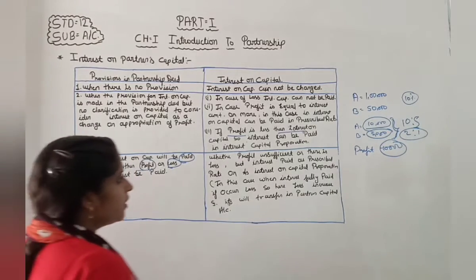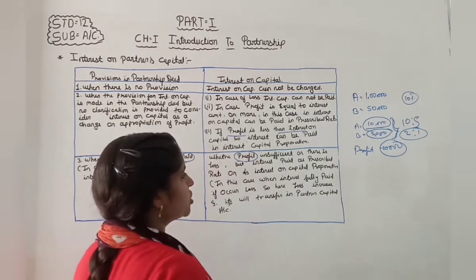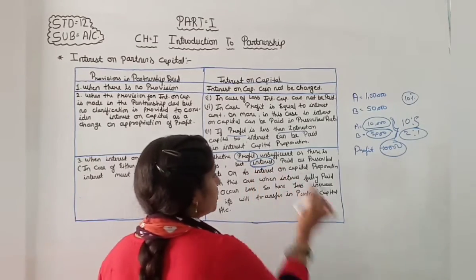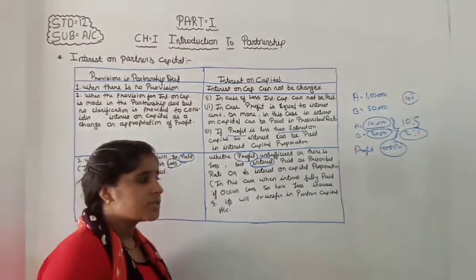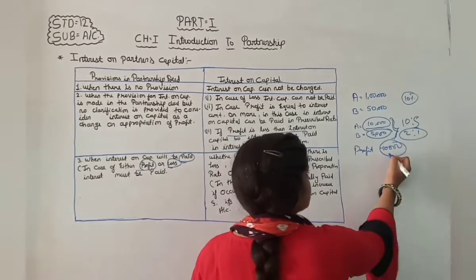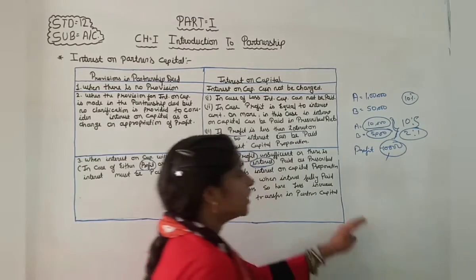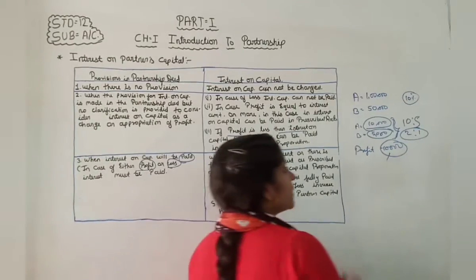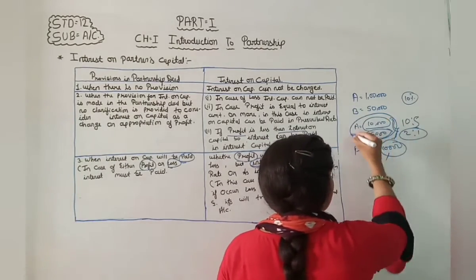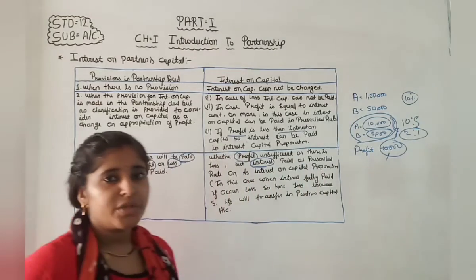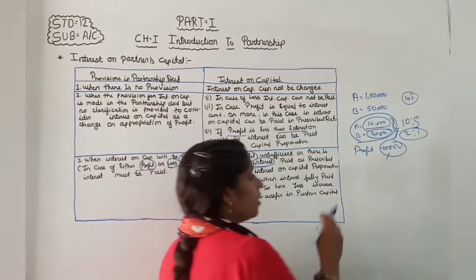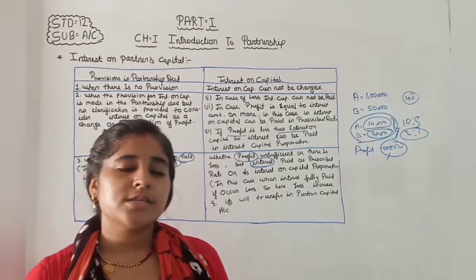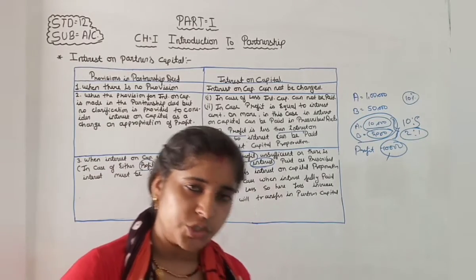So here profit is insufficient and we still pay interest on capital to partners. Suppose profit is 10,000, which is less than the interest on capital of 15,000, but we must pay 15,000 to partners. So a loss occurs in the profit and loss appropriation account.